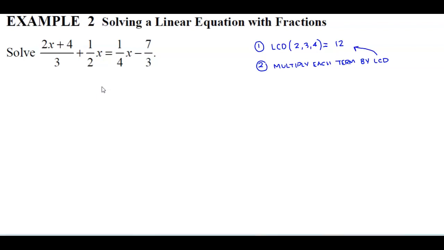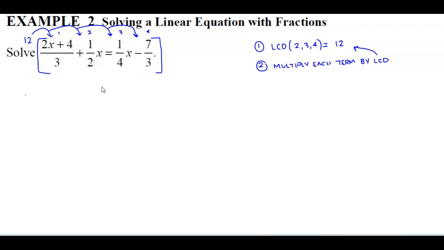Now the important thing is we need to figure out how many terms this equation has. Well, you can see here's one term, here's the second term, here's the third term, and here's the fourth term. So that means we're going to multiply this entire equation by the LCD, which is 12. So we're going to distribute the 12 to all of these terms. So let's go ahead and do that.